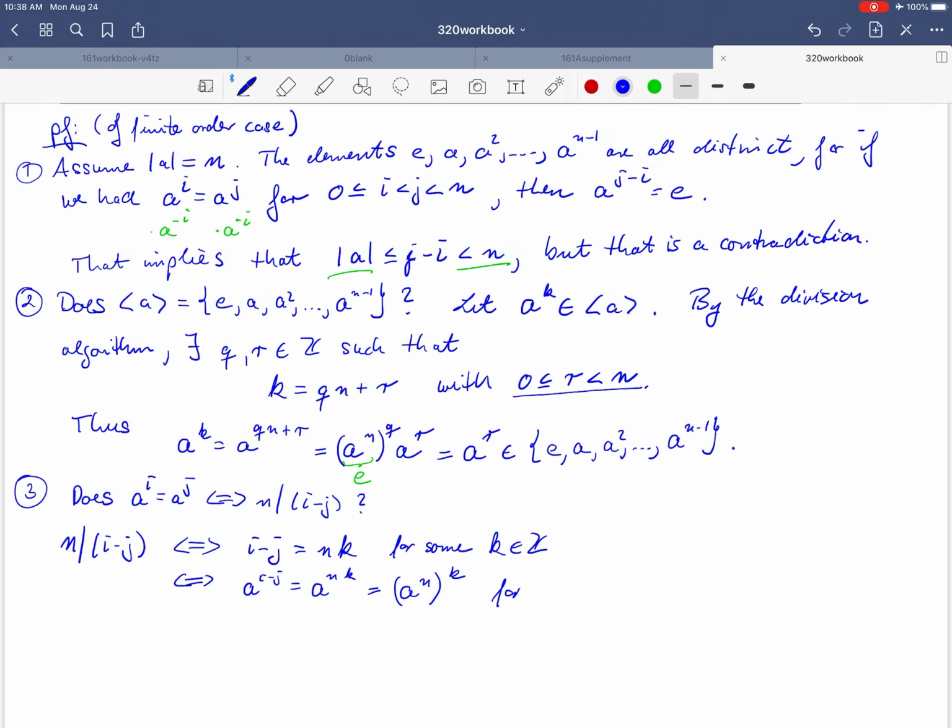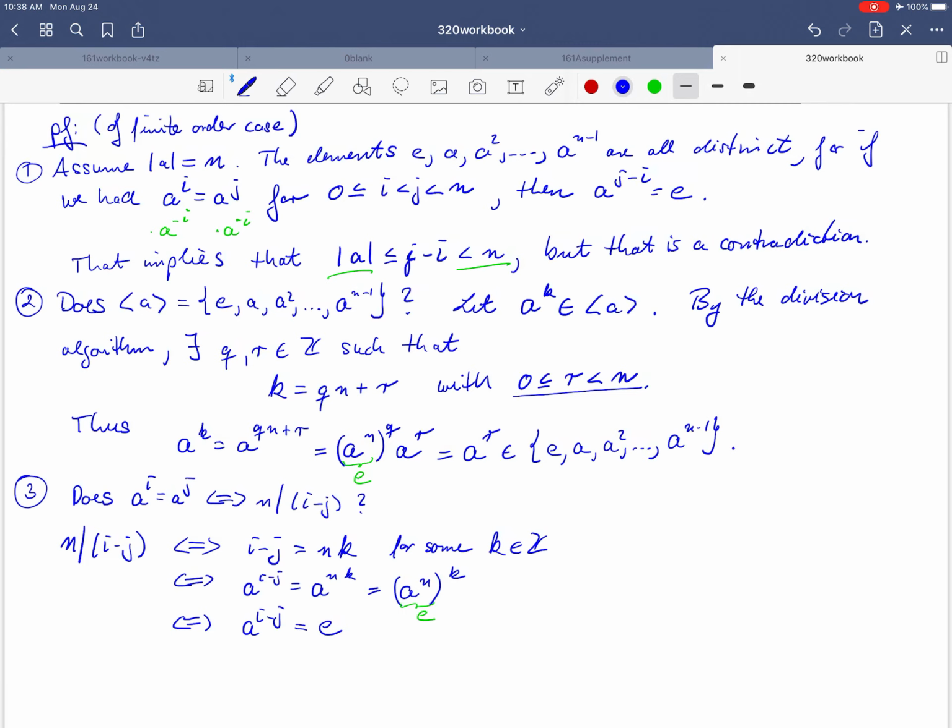Okay? And then what happens? Well, a to the n is equal to e still. We already used that before. This is our identity. And so we have that a to the i minus j is equal to the identity.